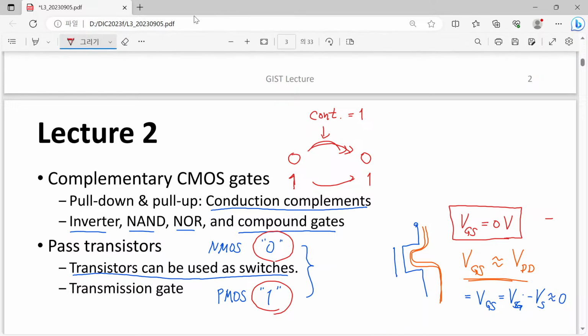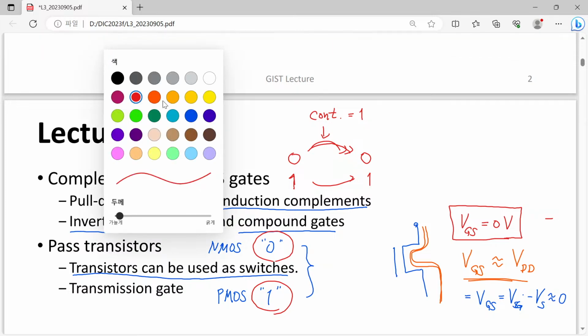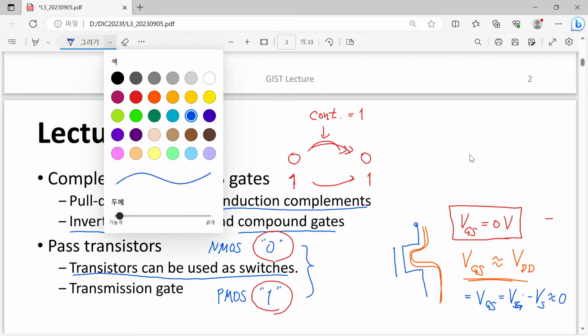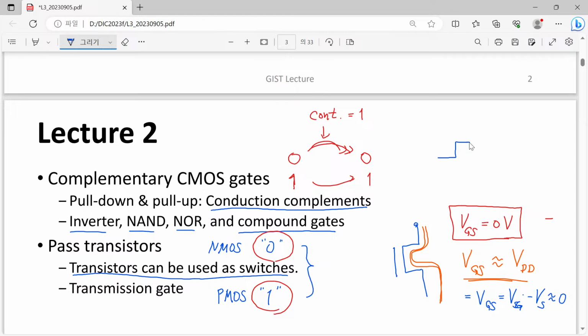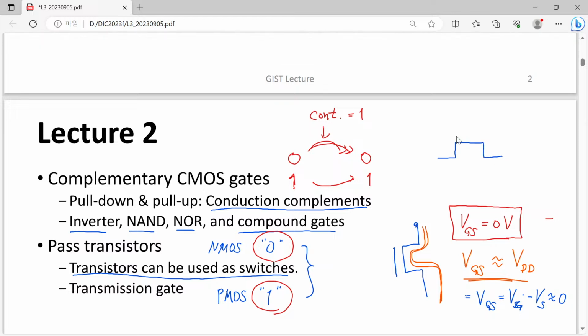So let me show you the impossibility. If we have an NMOS only, and let's say this control signal is attached to the gate of our NMOS, then what will happen?